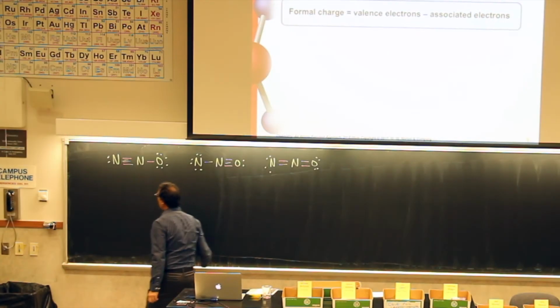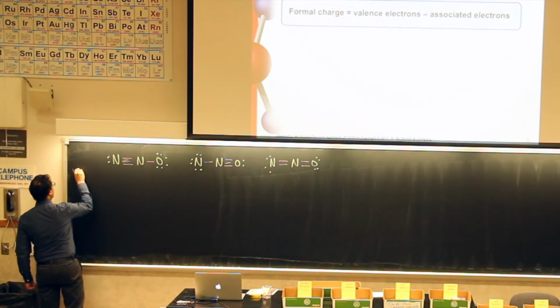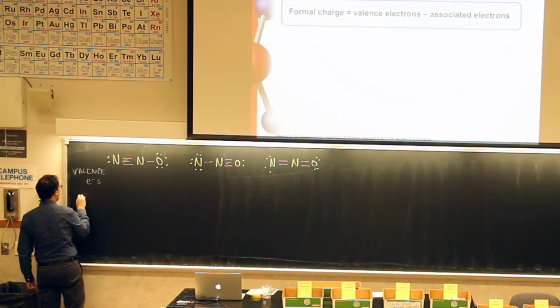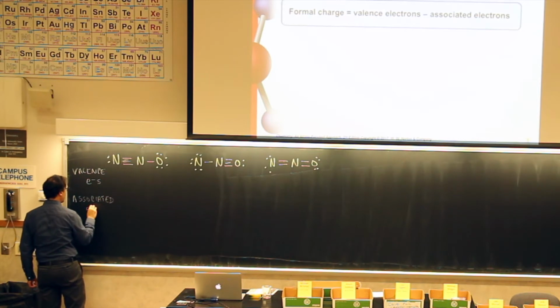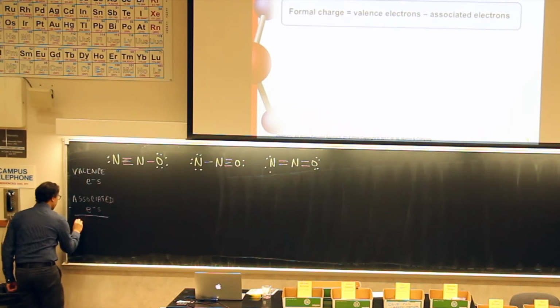So I'm going to write valence electrons, and then minus associated electrons. If I take one minus the other, I end up with my formal charge.